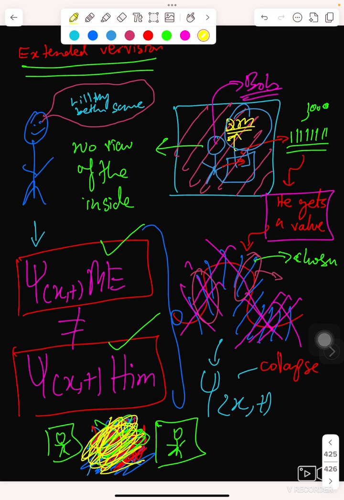We have isolated them so much that they can have no way of communication. So his result is correct, as he has no one else to compare with. But even if they compare, according to quantum mechanics, they both are correct, because the wave function gives a value, and they're correct in their own way.